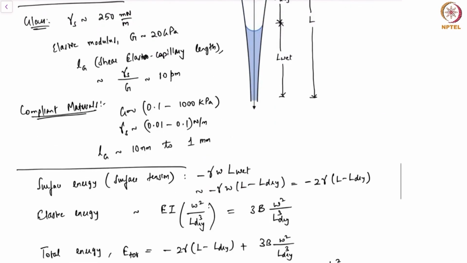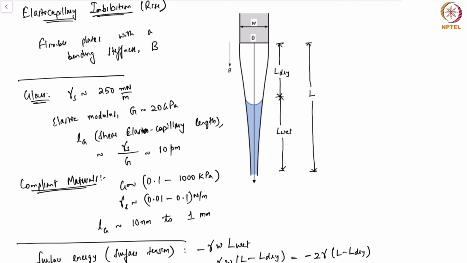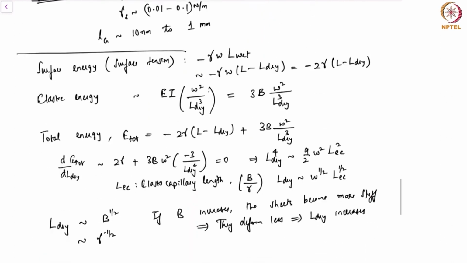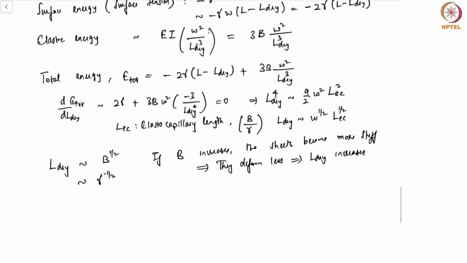And if you look at the figure, if L dry increases, the wet region decreases, right? So if you make the plates very stiff, then the fluid would actually fall. And the reverse is also true. If you basically make the plates very soft, then B decreases and L dry decreases, because as you can see, the scaling estimate that we have is that the dry portion of the liquid goes like B power half.